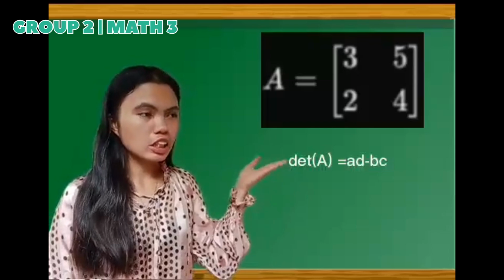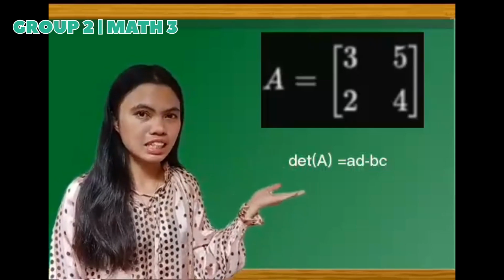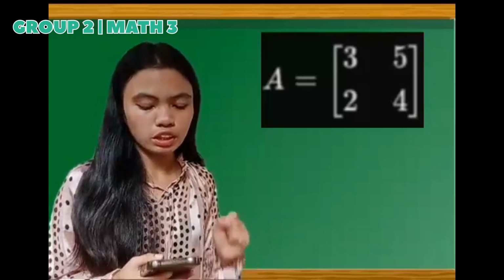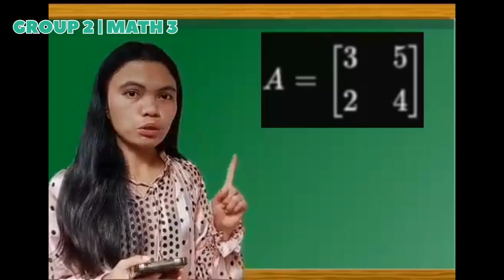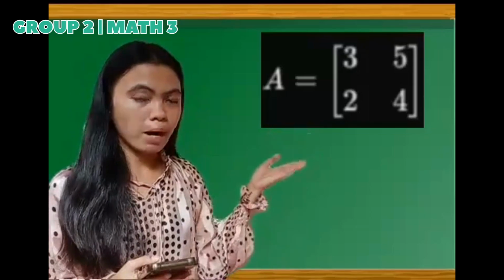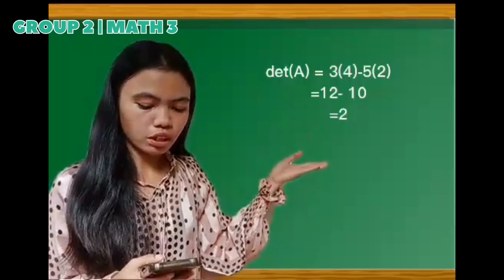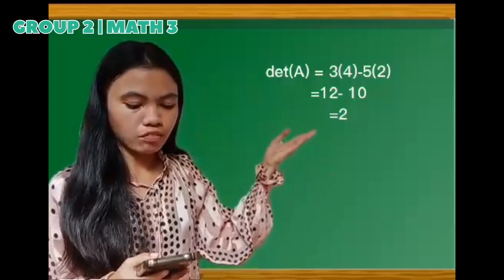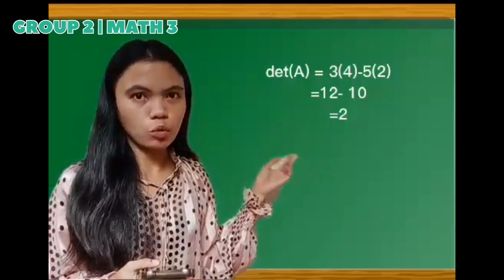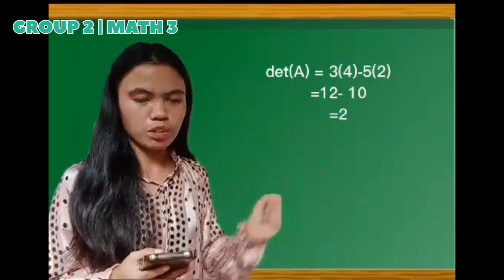Determinant of A equals A times D minus B times C. So first, we will compute the determinant. We multiply 3 and 4 minus 5 times 2. So 3 times 4 equals 12 and 5 times 2 equals 10. So 12 minus 10 equals 2. So the determinant of this matrix is 2.